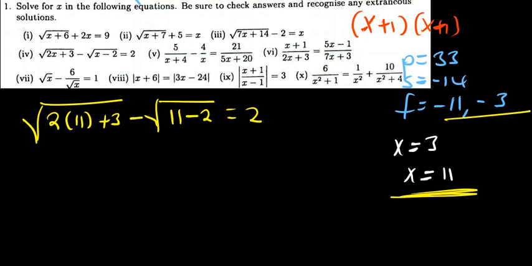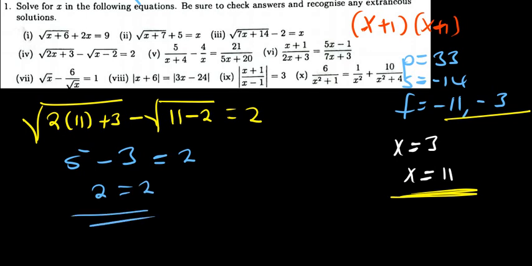That is going to be 22. 22 plus 3 should be 25. The square root of 25 is 5, minus, that is going to be 9. The square root of 9 is 3, is equal to 2. 5 minus 3 is 2. So both 11 and 3 are the solutions for this equation. As simple as that.